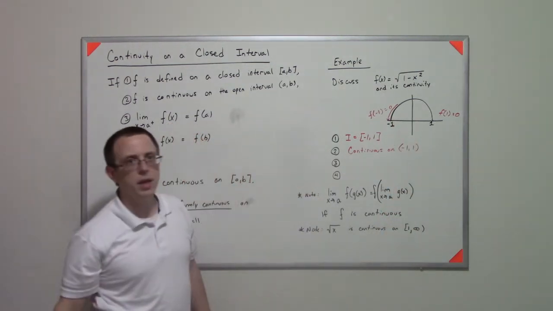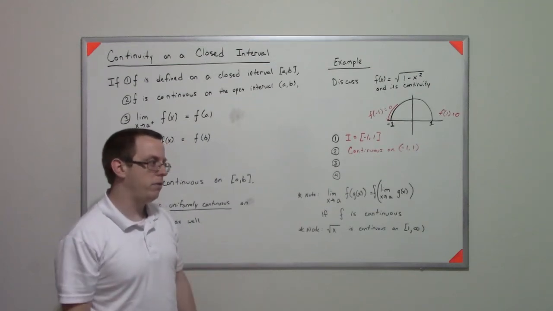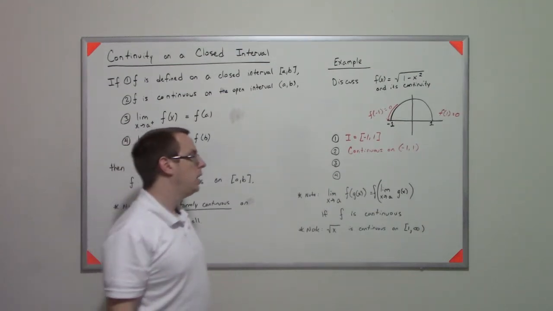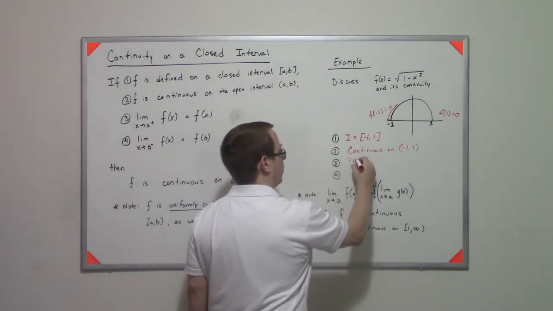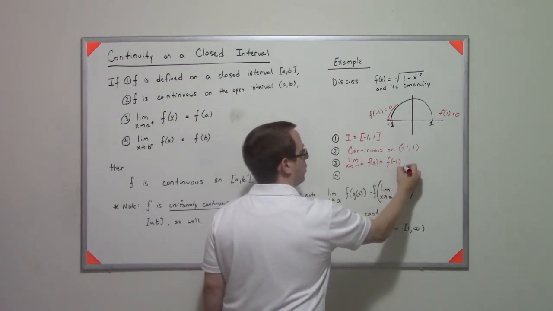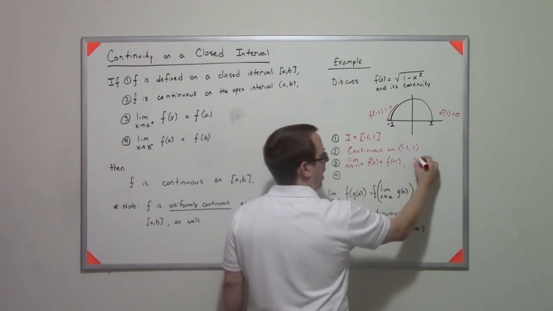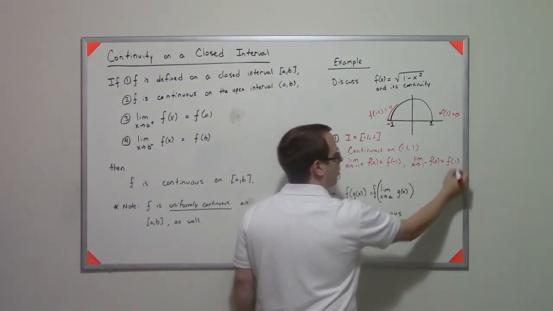So if I plug in -1, am I going to get some sort of strange behavior versus when I plug in the limit? And the answer is no. So as it approaches -1 from the right, it equals the function value. As it approaches +1 from the left, it's equal to the function value.